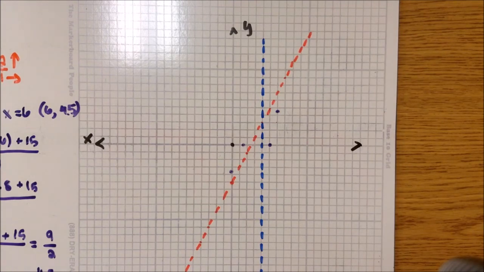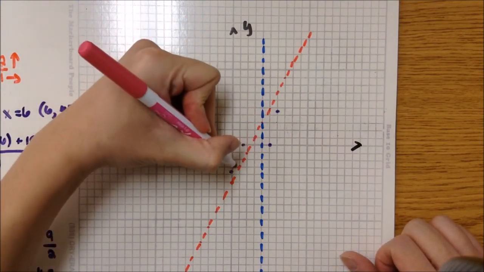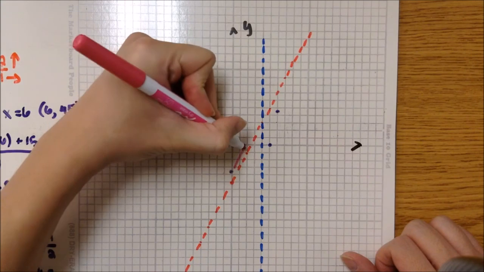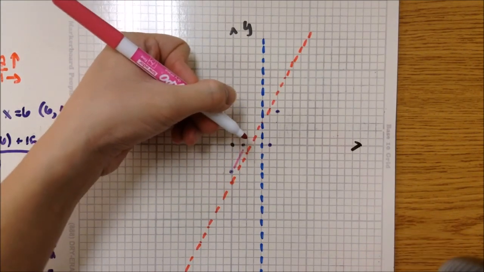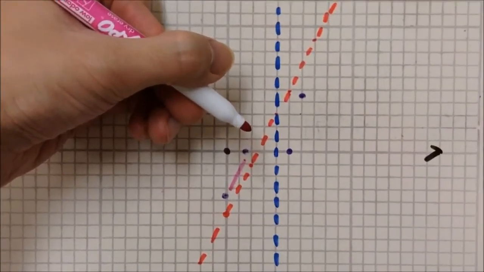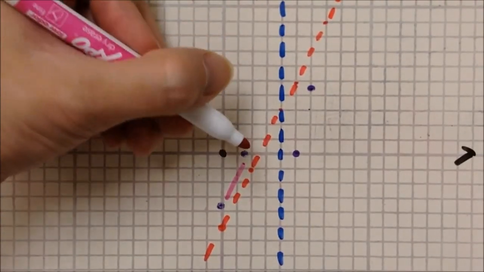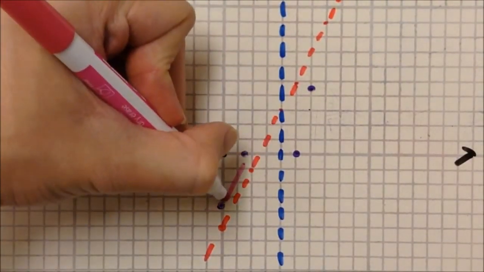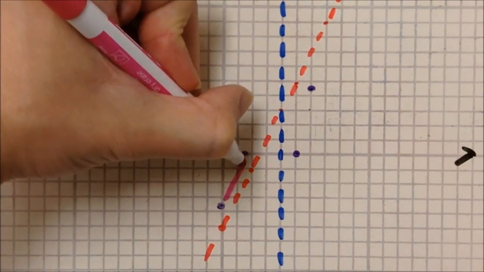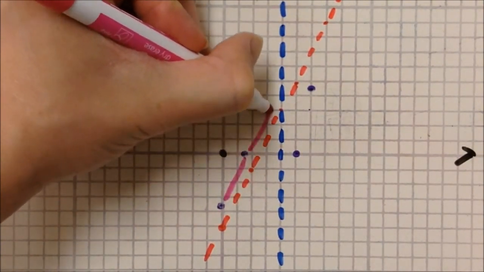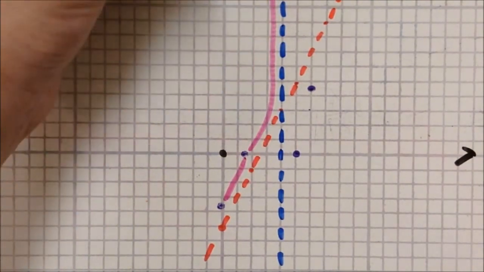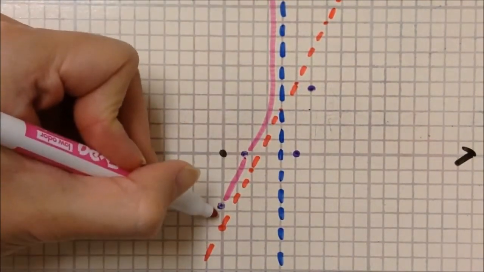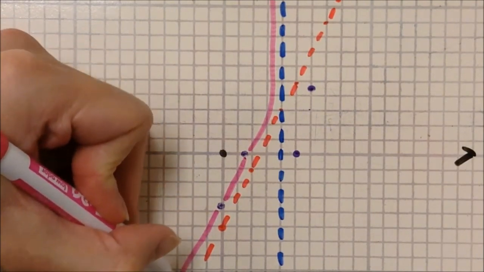So if I were to graph connecting these right here, again, we have a slant asymptote, so we're just going to graph along the slant asymptote. And if I zoom in for y'all to see, I'm connecting the 2 points right here, and then just going along the vertical asymptote, and then here just along the slant asymptote.